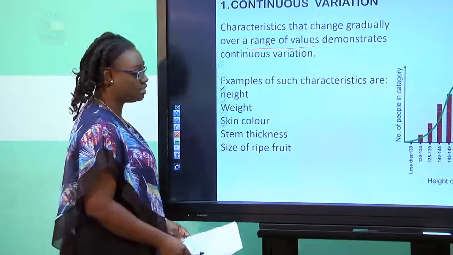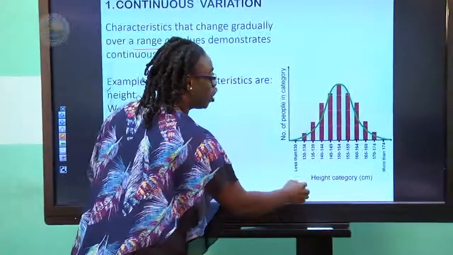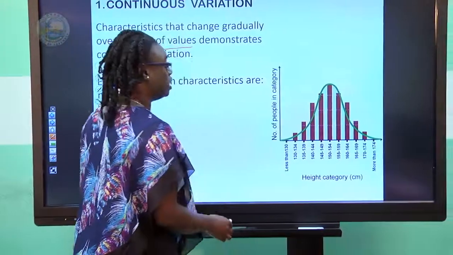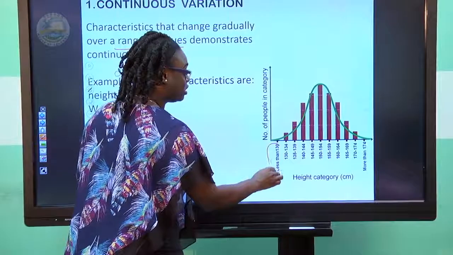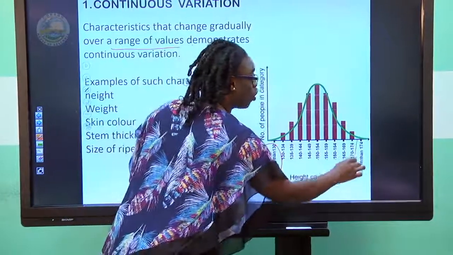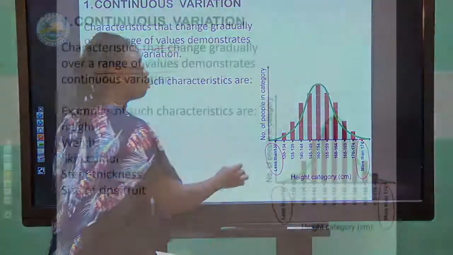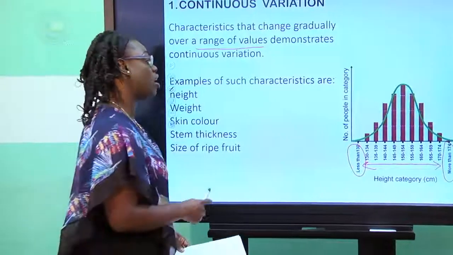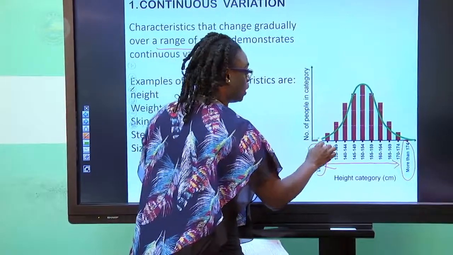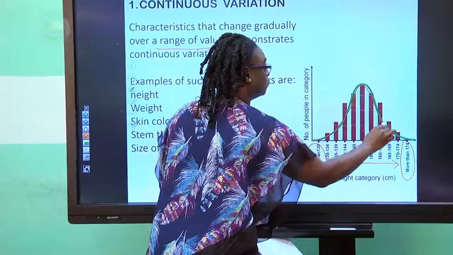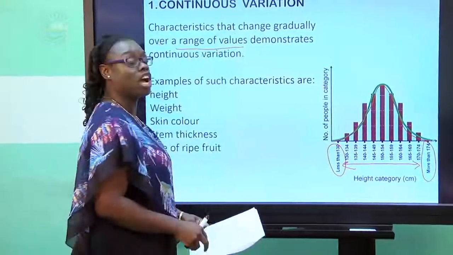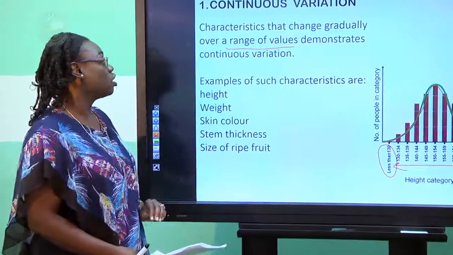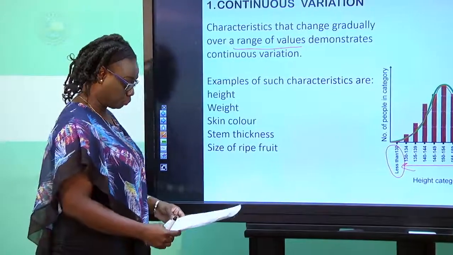If you were to take the heights of all the children in your class, you would see very, very short persons, and you would have very, very tall persons. And you would have a range of heights in between. If we were to put that data onto a bar graph, we will end up with a bell curve. And that is a characteristic of continuous variation.